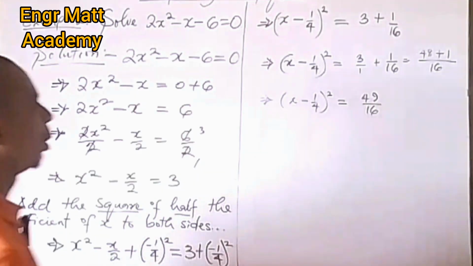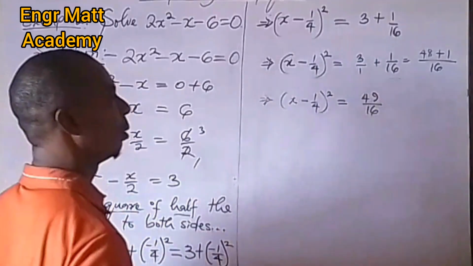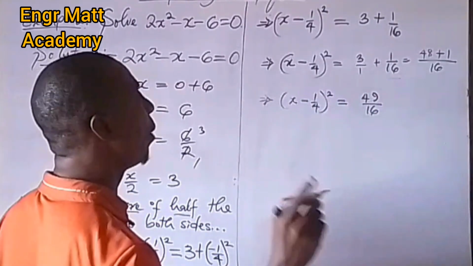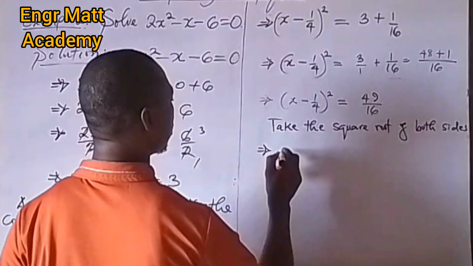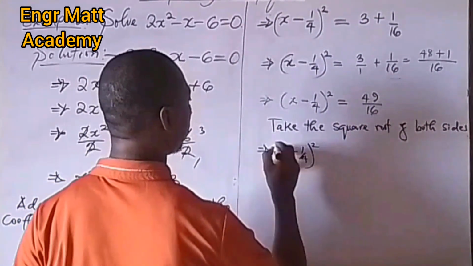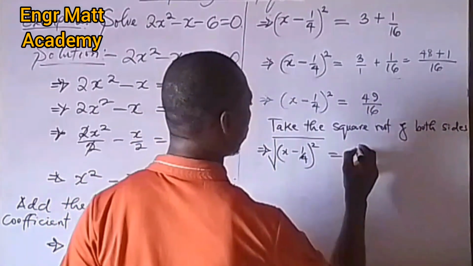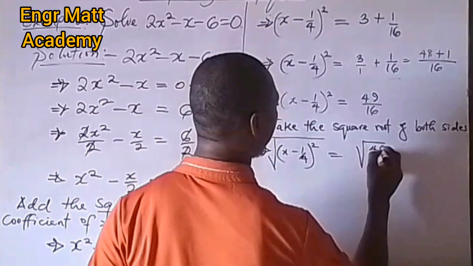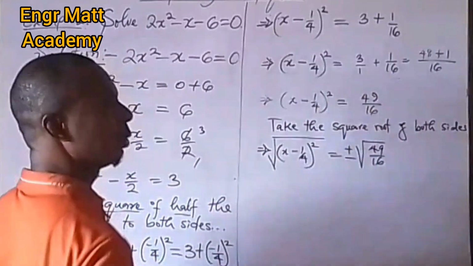So what do we do? It is now time to eliminate this square sign by taking the square roots of both sides. So we take the square roots, that is x minus 1 over 4 squared. We take the square root equals to the square root of 49 over 16, and this is plus or minus.